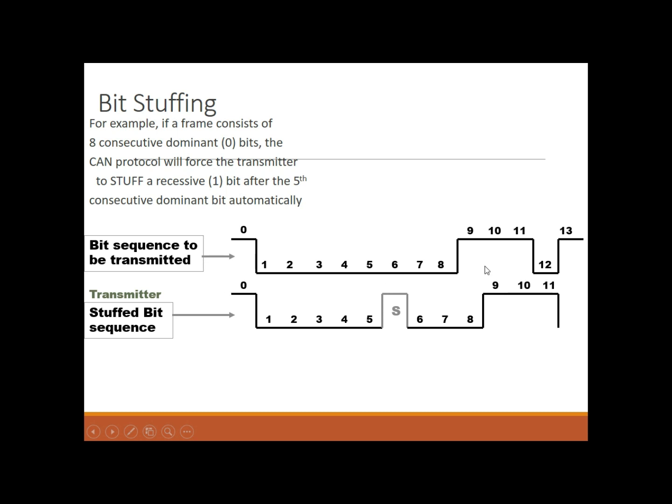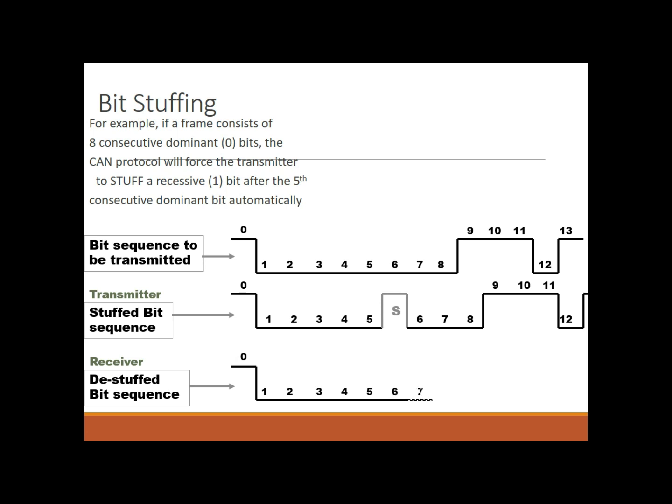This is the normal transmission, and whenever doing bit stuffing, the opposite polarity needs to be inserted. And this is the receiver side. On the receiver side, 0 is the start of frame, then 1 2 3 4 5 6 7 8, and the sequence will also change in the destuffing.